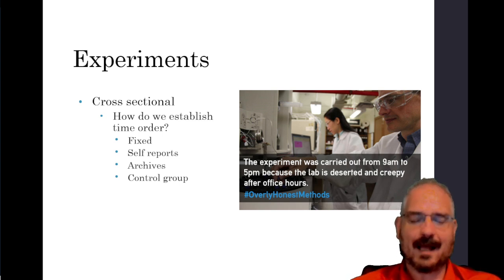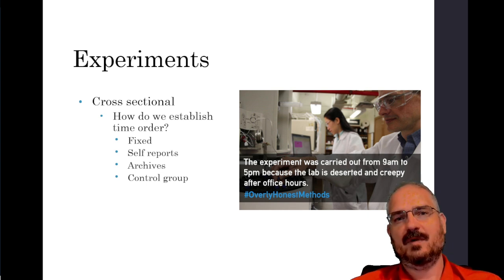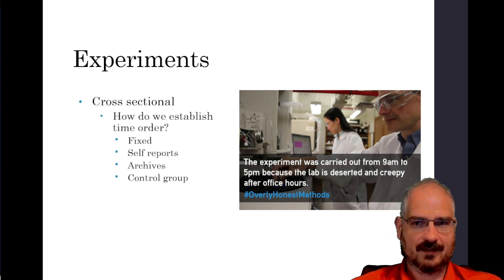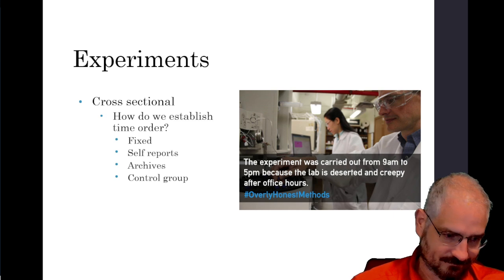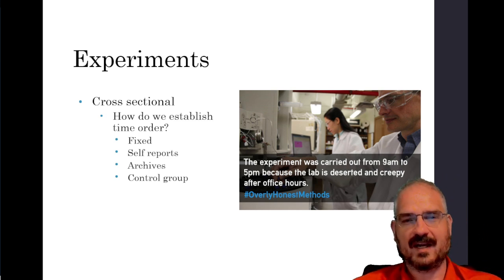So how do we establish that time order? Well, in some experiments, we do what's called a cross-sectional study, right? And cross-sectional studies are just one point in time. We have this one observation.